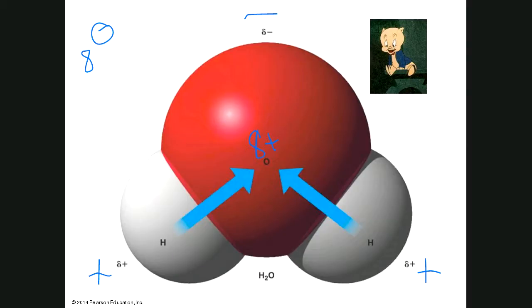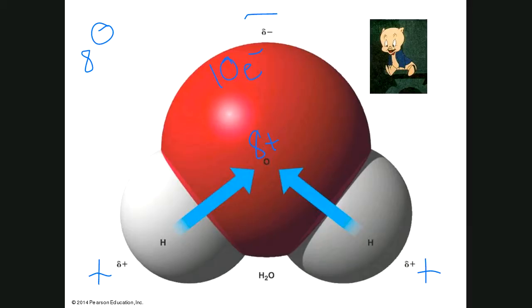But when it's sharing a pair of electrons with hydrogen, that means most of the time, in my example, 70%, you've got 8 protons in the nucleus of oxygen trying to balance out not 8 electrons, but 8 plus the 2 from each of those hydrogens. So you have a situation where you've got 10 electrons spending most of their time surrounding the nucleus of oxygen, which has 8 protons.